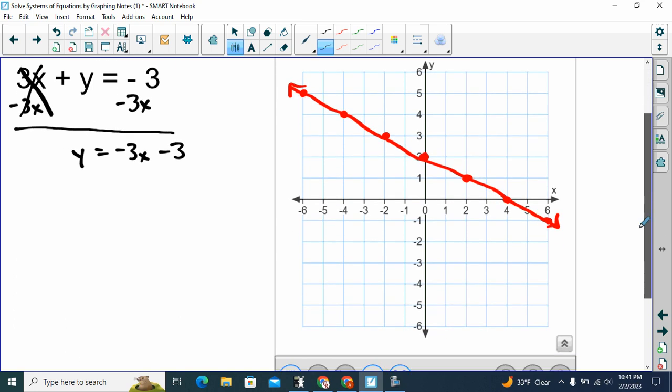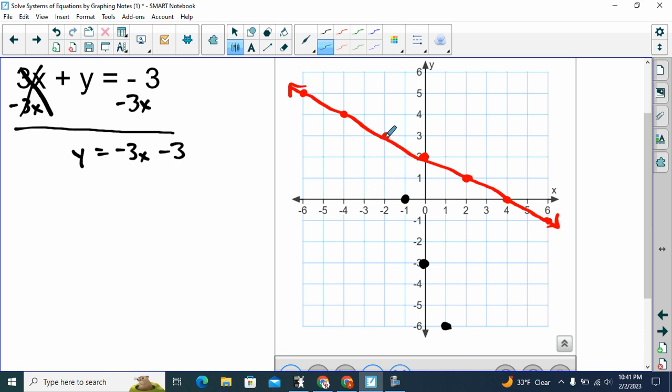So y-intercept is negative 3. Slope is negative 3. So we're going to go down 3 over 1. I'm not seeing where it's intersecting over here, so we can also go up 3, left 1. That's on that same line.